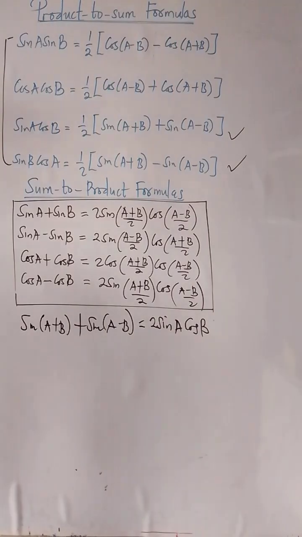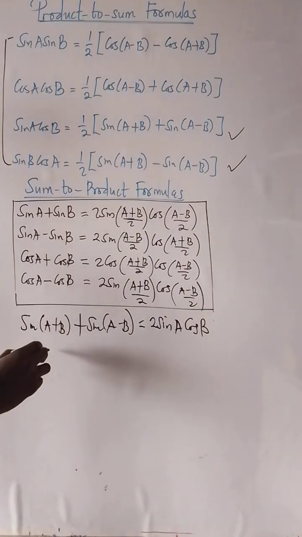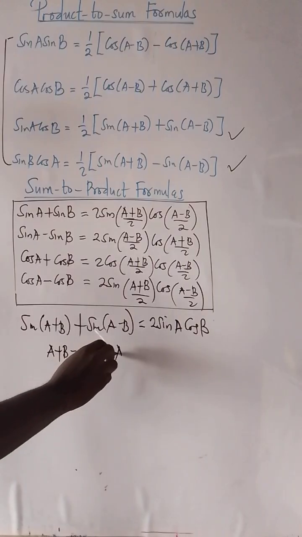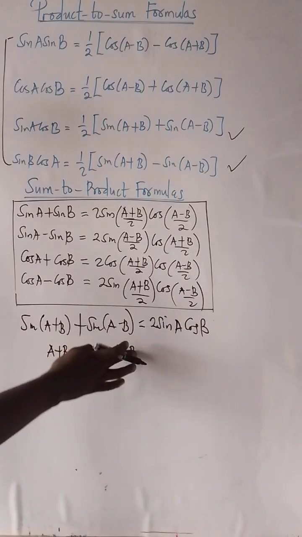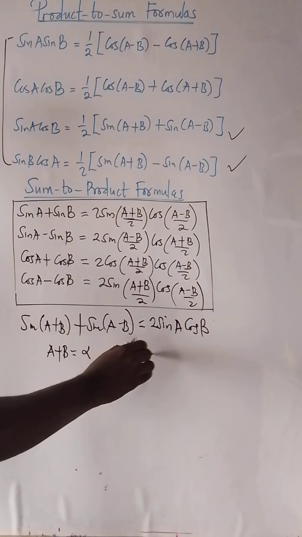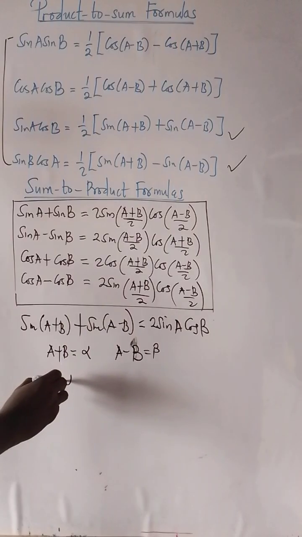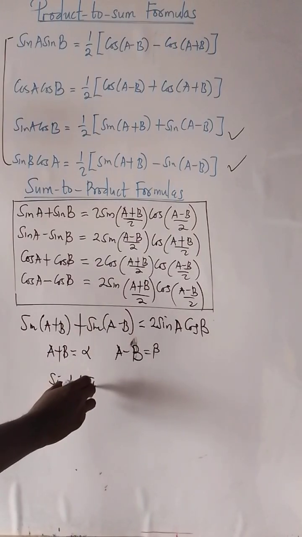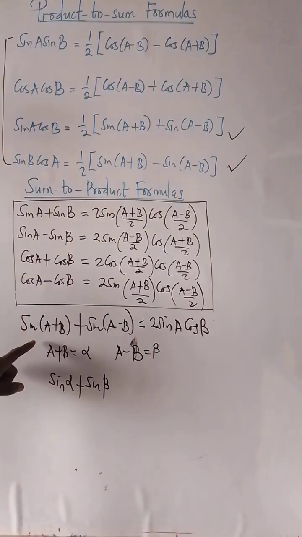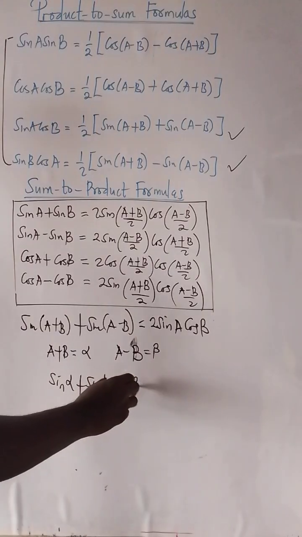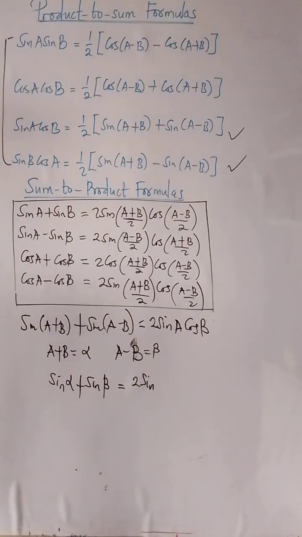What next? We can let A plus B equal another number. So let A plus B equal, let's say, alpha. Let A minus B equal beta. In doing so, this one becomes sine alpha plus sine beta, equals 2 sine, what is A?